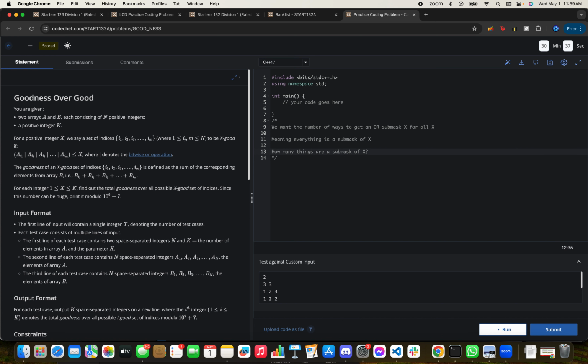Then what we can do is a Mobius transform on that to get submask exactly X, then prefix sum that. Okay. That's actually fine. And then you want sums, right? You don't just want the count.